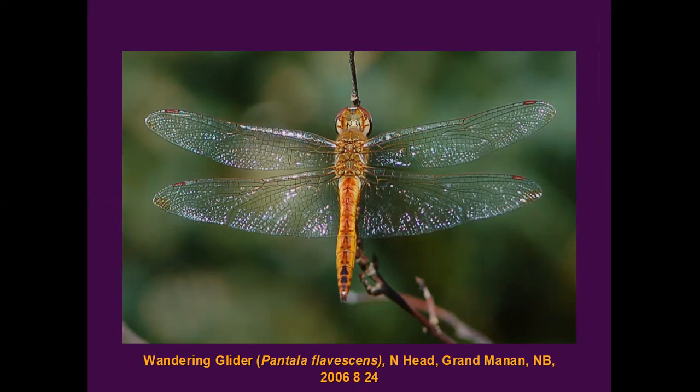You can see large numbers if you go birding on Southwest Head, for example. You could see hundreds on certain days in September. And certainly a dragonfly that could show up if you're out doing pelagic bird watching, you get a wandering glider land on the boat.